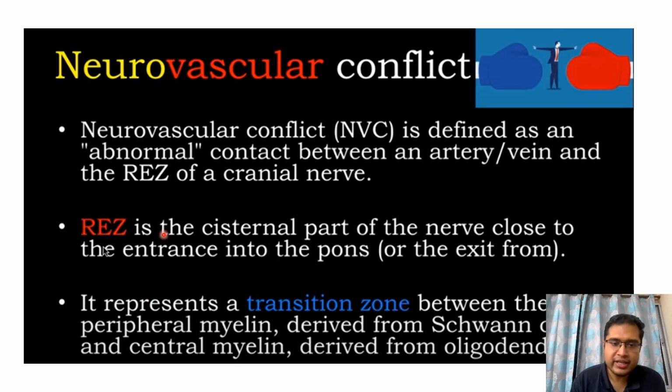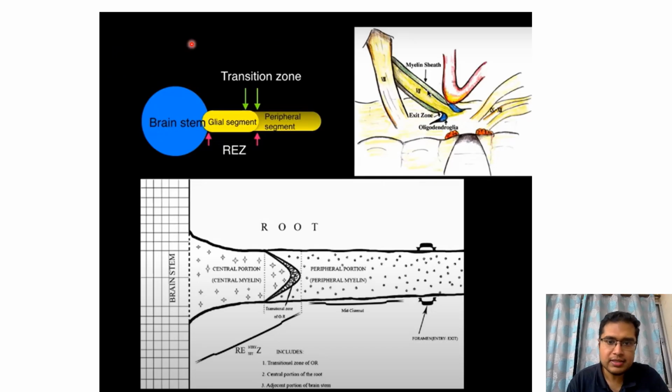It is the cisternal part of the nerve which is close to the entrance into the pons or exit from the pons, and it represents a transition zone between the peripheral myelin derived from the Schwann cells and the central myelin, which is derived from the oligodendrocytes. So this is a diagrammatic representation of this particular concept.